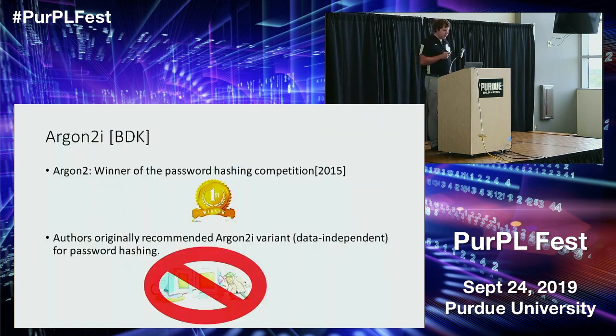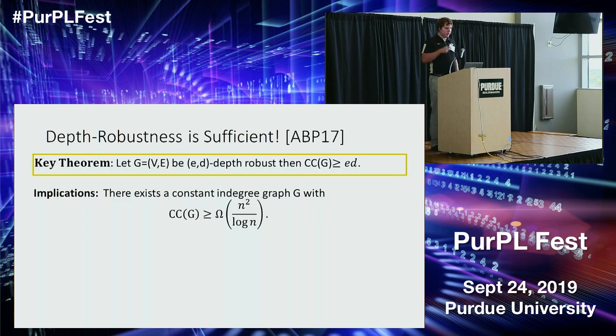Okay, good. So the other part of the story is that depth robustness is sufficient. If we can construct an (e,d)-depth robust graph, then the cumulative pebbling cost is at least e times d. In hindsight, the proof of this claim is pretty simple. It's half a page, and it greatly simplified a prior proof, which was about 10 pages long and was not as strong as this.